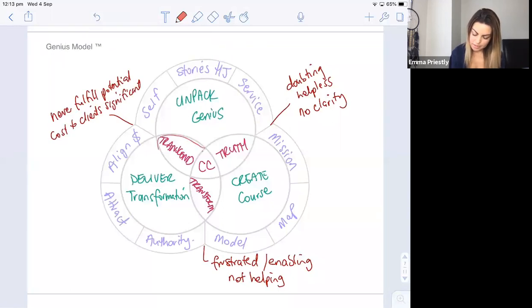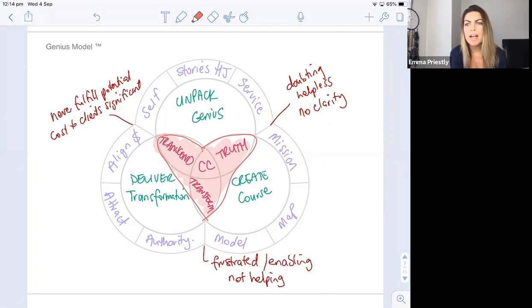So this here is the true heart of why you want to create your conscious course. This isn't just about making money. This isn't just about having a business and being successful. This is about truth, transformation, and transcendence.